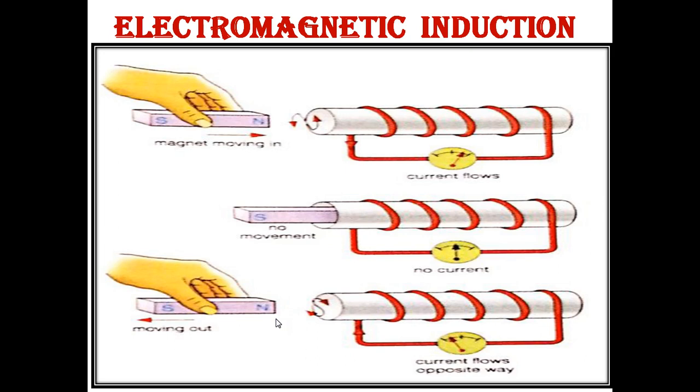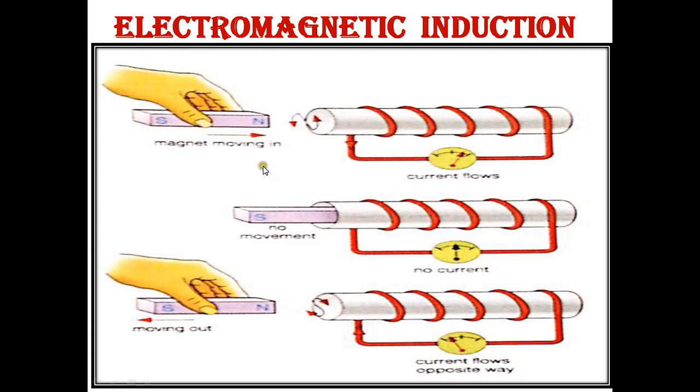So when the north pole moves out, the coil makes a south pole which attracts it. So there is attraction as well as repulsion here.